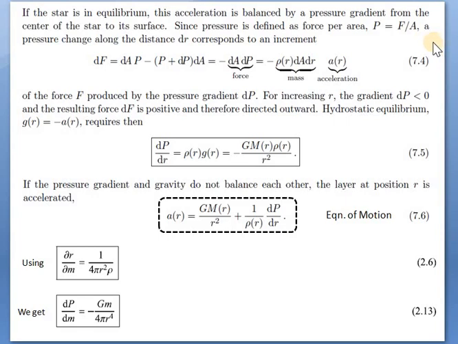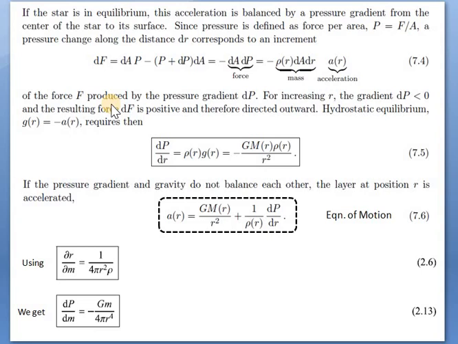So, a pressure change along the distance dr corresponds to an increment. You see, we have written this in terms of mass and acceleration of the force F produced by the pressure gradient. Note that for increasing r, the gradient dP is less than 0 and the resulting force dF is positive and therefore directed outwards.